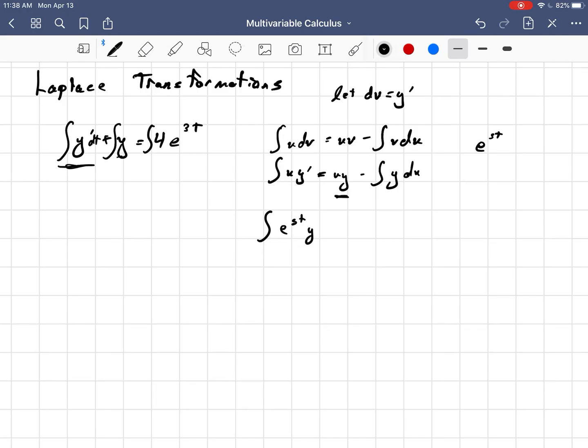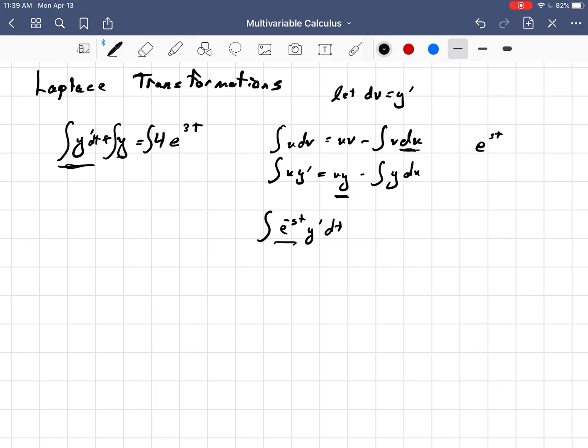So if we take e to the st times y prime, I'm actually going to make it a negative st, because when we take the derivative of e to the negative st, the negative will come out and it'll make it a plus. We like plus signs. We don't like negative signs. They always mess us up. Maybe that's just me.